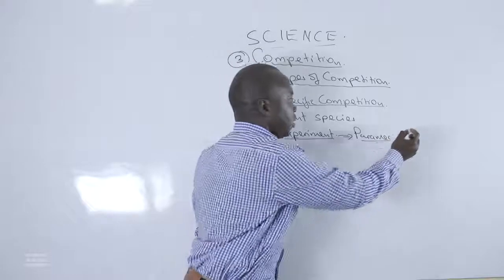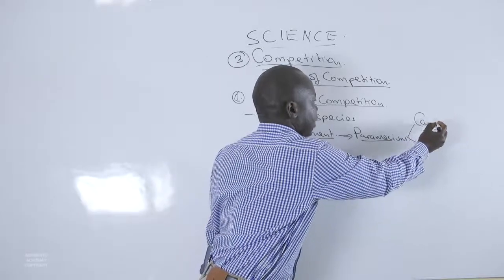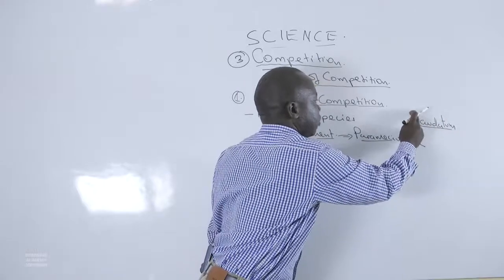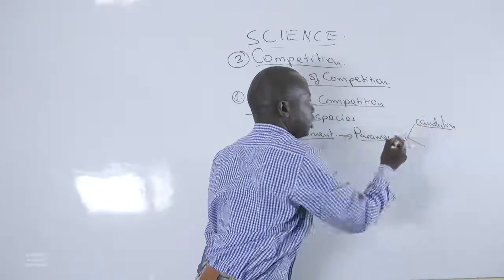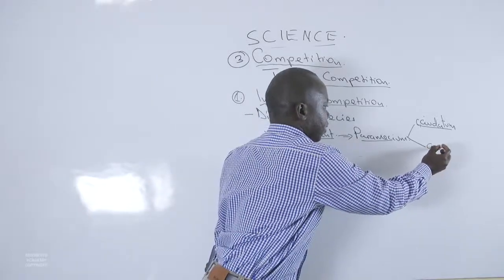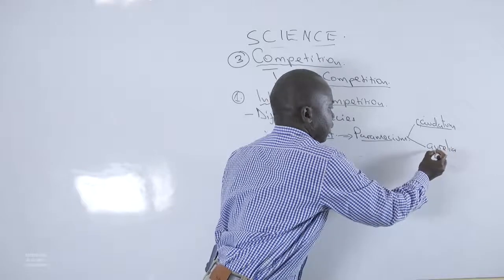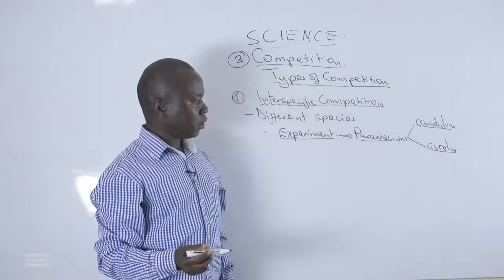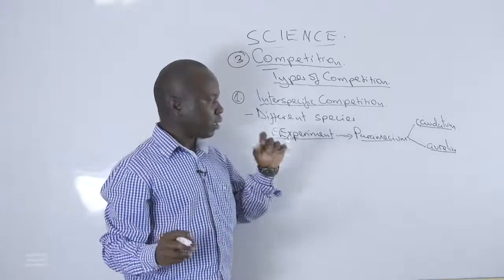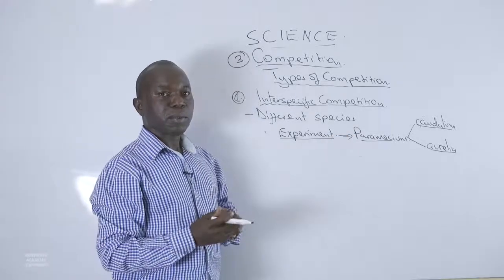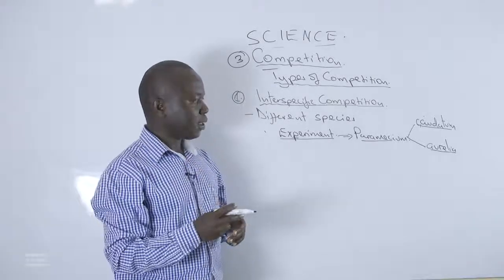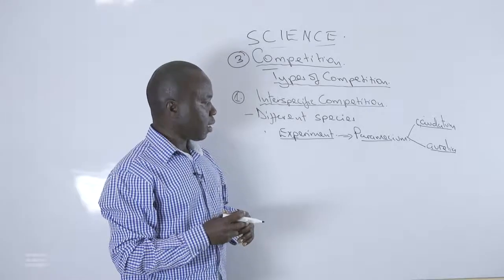We have the caudatum species, with a small c because it's a species name, and Paramecium aurelia. The two species can survive separately in their own cultures without a problem. They'll grow normally. But when they are put together in the same culture, there becomes a problem.